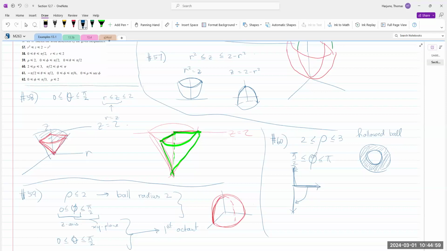Now imagine if you take this hollowed sphere and you cut the top away, it becomes like a semi-hollowed sphere, like this, maybe, right?